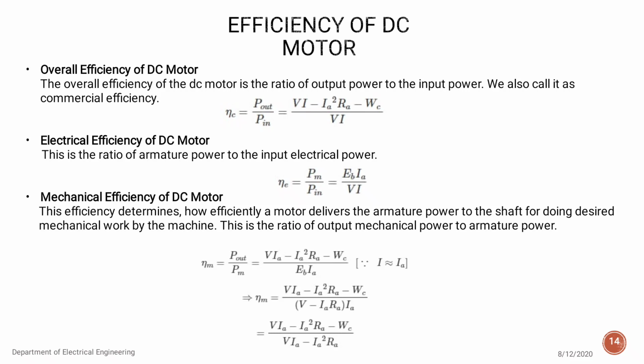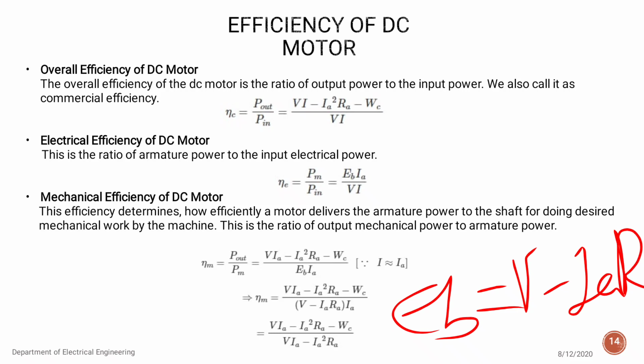So we can easily say that it is the ratio of the mechanical power output to the armature power. Now see, if we consider that I is equal to IA, a little bit of approximation, then EB is elaborated as follows. What is the value of EB? I will write here EB is equal to V minus IA RA.